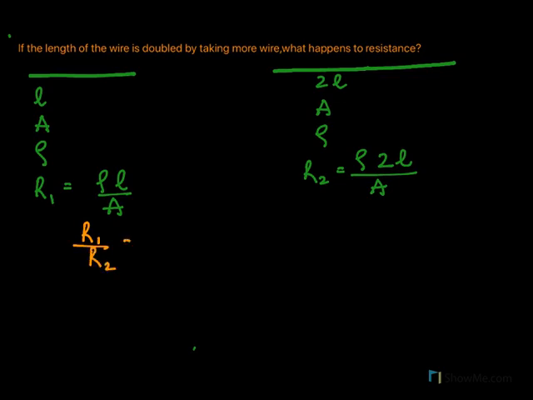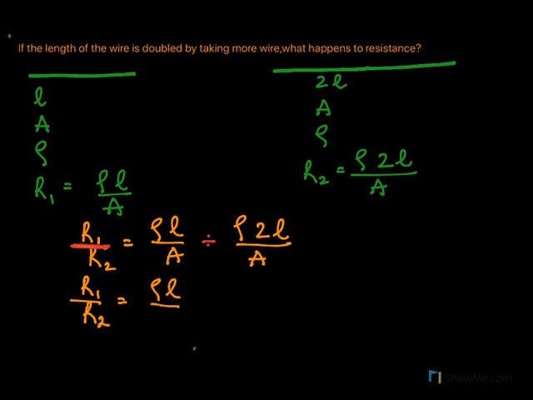So R1 by R2 is rho L by A divided by R2, where R2 is rho 2L by A. Division becomes multiplication, so you take the reciprocal. This cancels out, this cancels out, so you get 1 by 2.